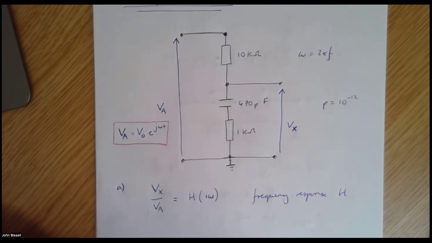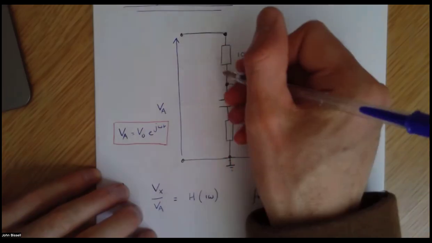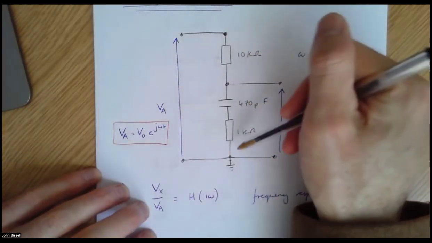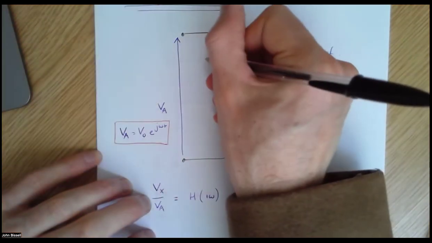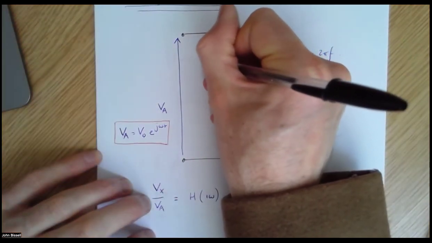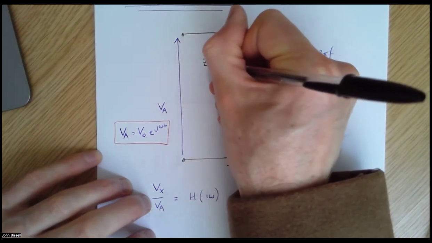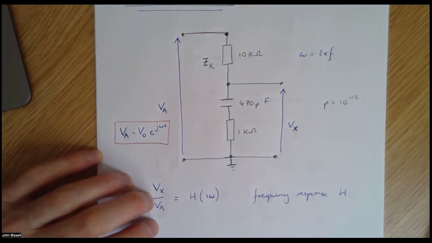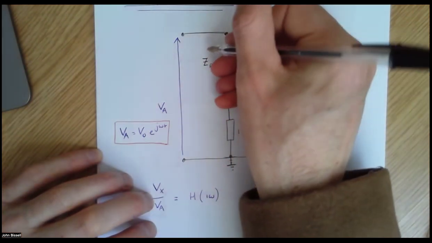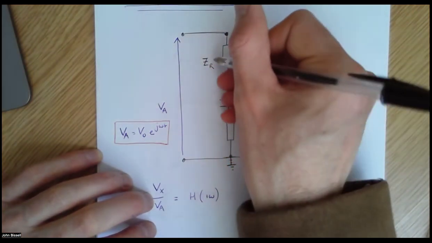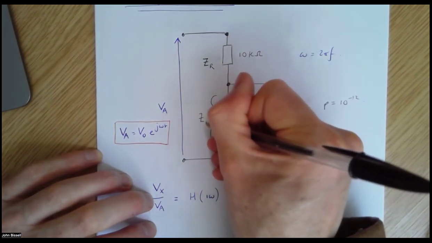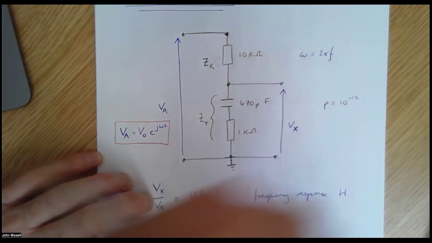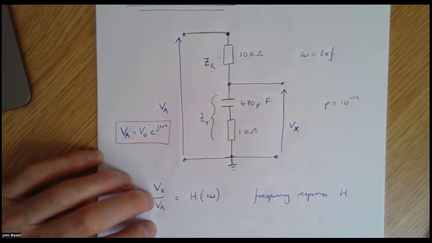To do that problem, we're going to think of this like a potential divider. So we could think of this as being the impedance of a resistor, and we could think of this thing here as being the total impedance of a capacitor and a resistor in series, couldn't we?